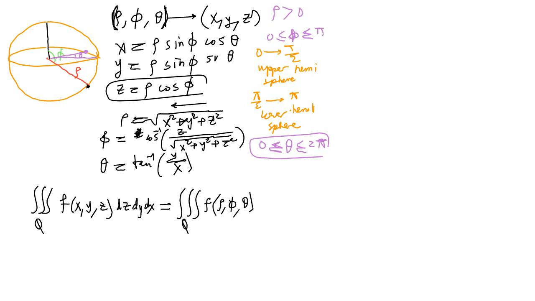You have to multiply by rho squared sine phi. And then the limits for rho, the limits for phi, the limits for theta.